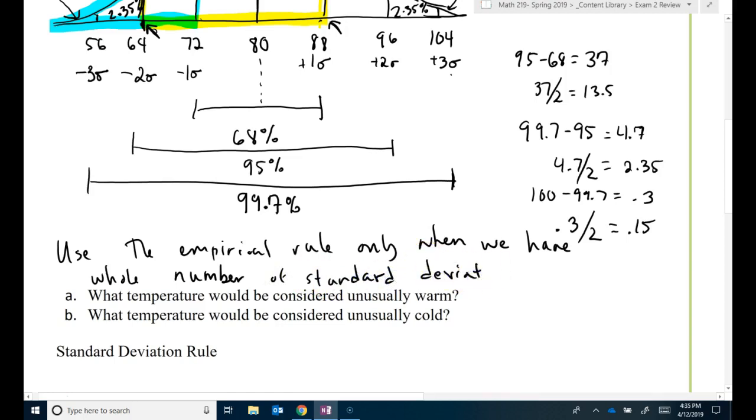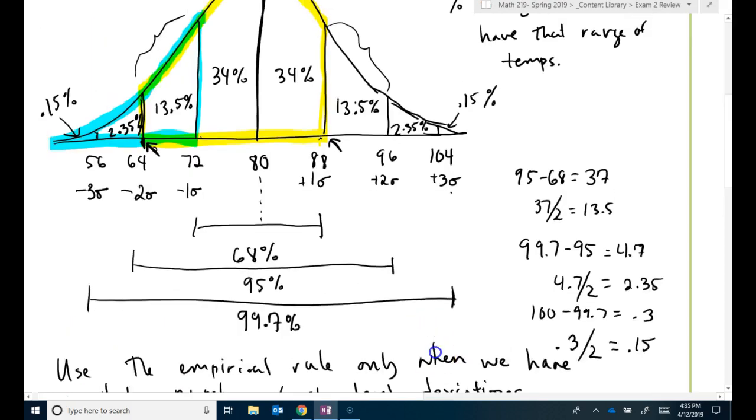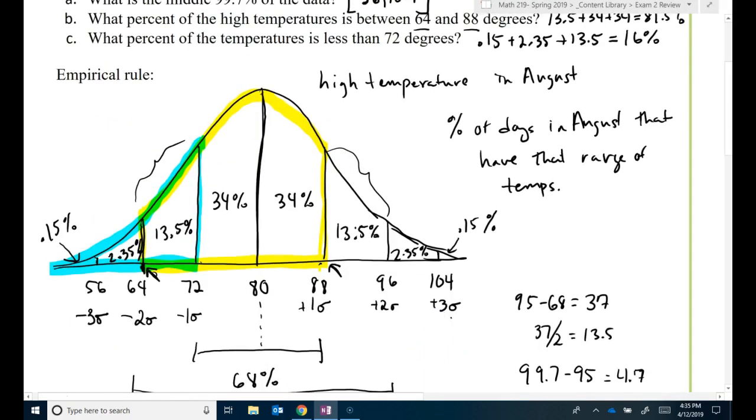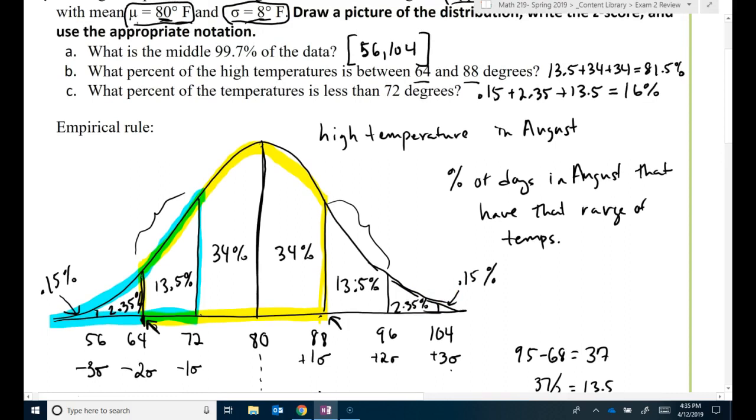If you remember, we're going to use the normal calculator when we don't have whole number standard deviations. If I ask you to use the empirical rule, you can bet you're going to be drawing me a picture of the distribution, calculating the number of standard deviations, and then telling me that number. If you go in and use the normal calculator for, say, these questions, the 64 to 88, if we actually are asked to use the empirical rule, then it will not be correct.